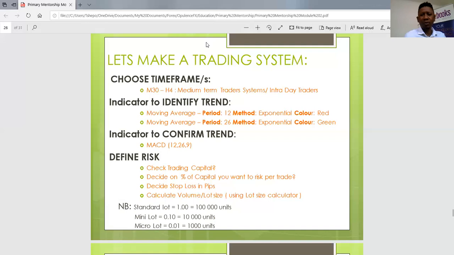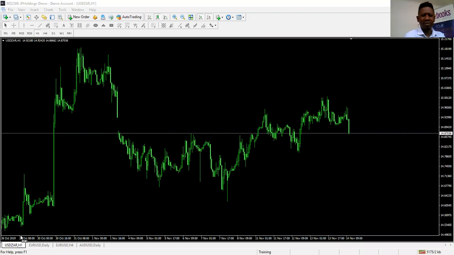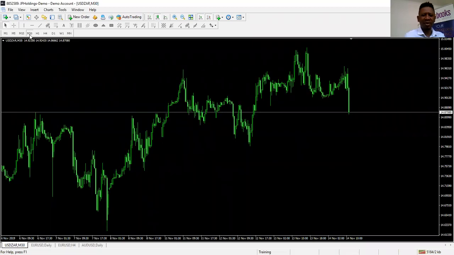So we're going to our platform. In this instance, I choose USD ZAR. I could really choose any pair. I go to M30 because we said the minimum I'm going to use is M30.